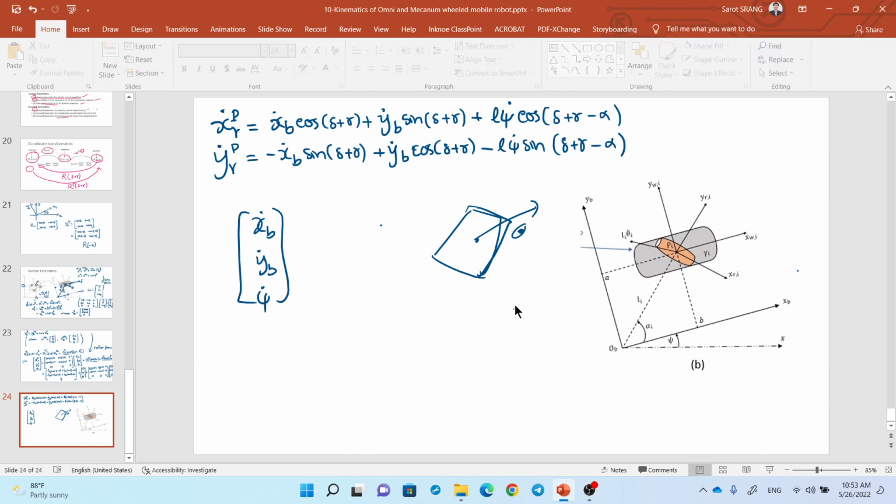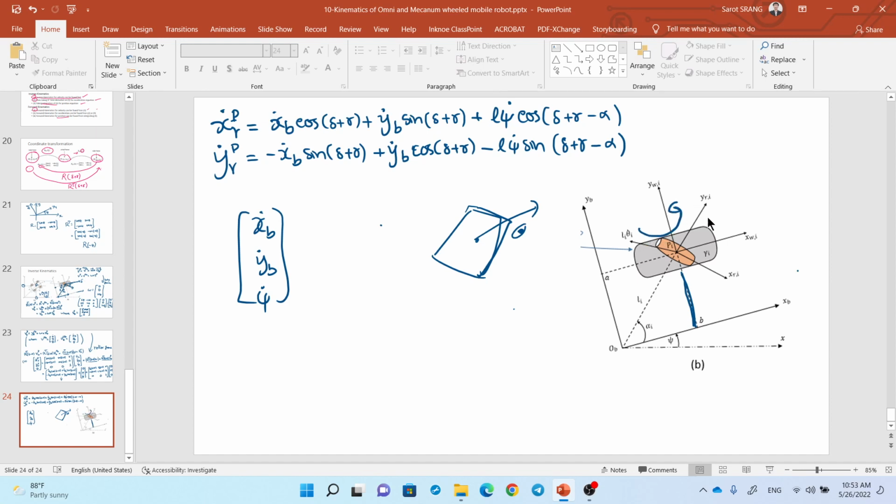Because we have a motor with the axis like this, and the motor rotates the wheel. Let's say it rotates in this direction, so it can push the wheel to move in this direction.